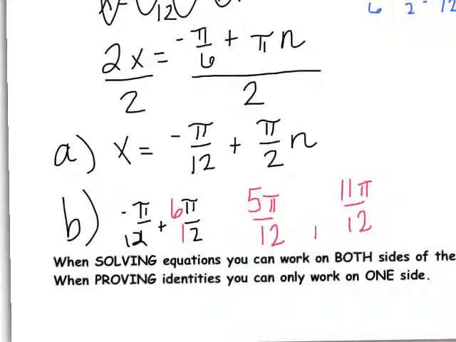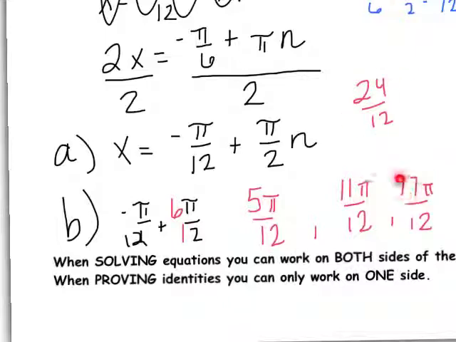Is this close to 2 pi? Well, is 11 over 12 close to 2? No, it's actually pretty close to 1, but not close to 2. So keep adding. 6 pi over 12 makes 17 pi over 12. What is 2, by the way? 2 is going to be 24 over 12. So 24 over 12 is where I have to stop. If you add 6 pi over 12, are you going to make it there yet?